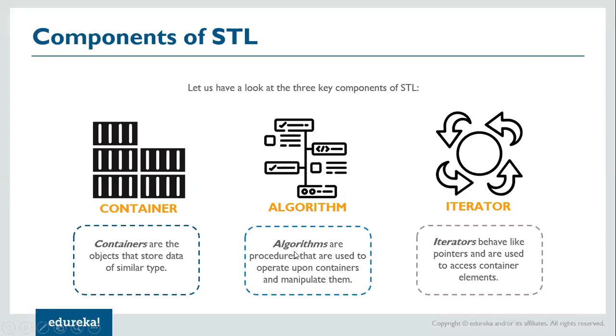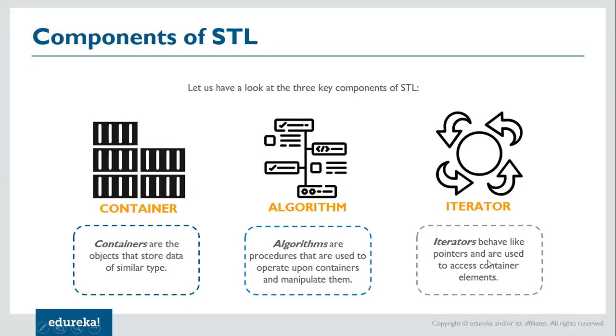Then we have algorithm. What is an algorithm? Algorithms are procedures that are used to operate upon containers and manipulate them. So basically, as I had told earlier, we have some algorithms written. Those algorithms can work on the data that is stored in the container. That is where algorithms come into picture. Then we have iterator. What is an iterator?